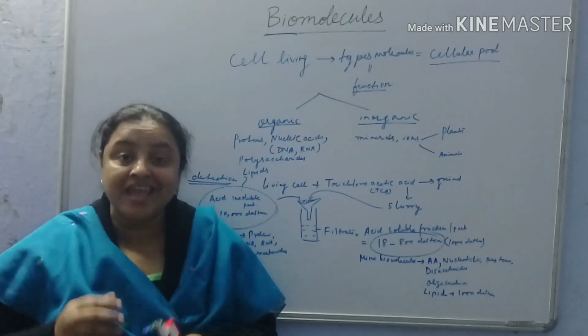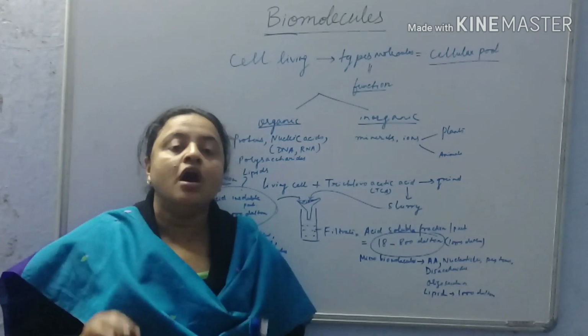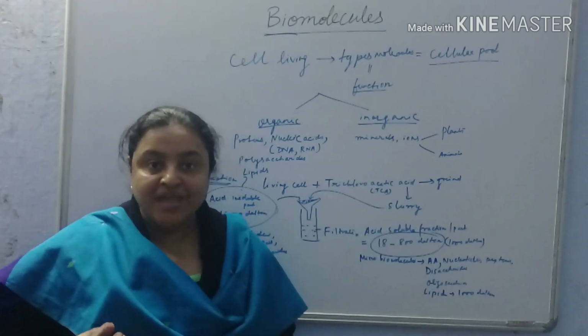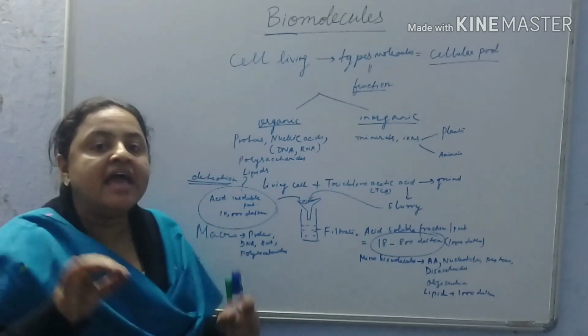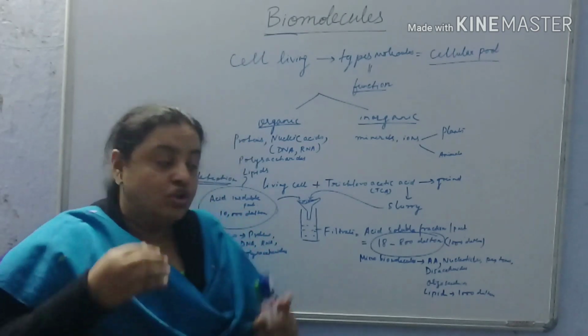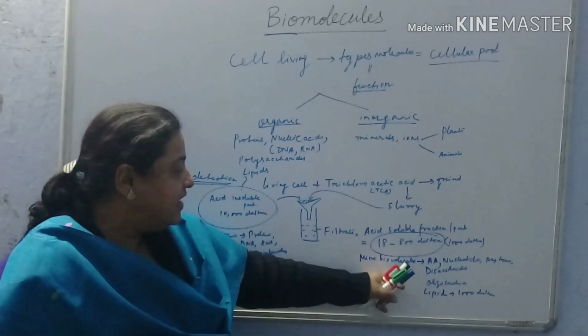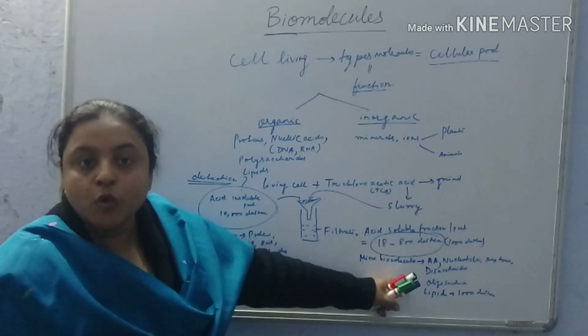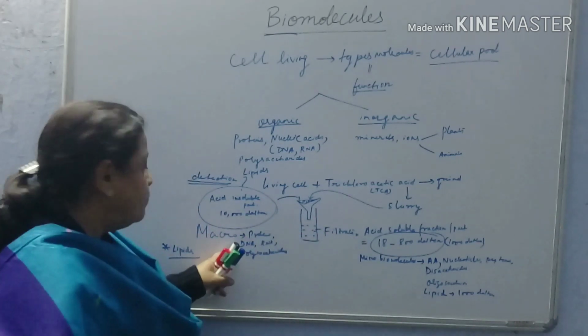And lipid, by its amphipathic nature, forms a small vesicle, and that vesicle does not solubilize in the aqueous medium. So those vesicles, due to their insolubility, are not found in this filtrate portion which has the microbiomolecules.